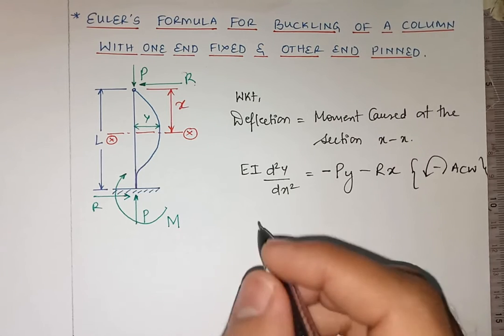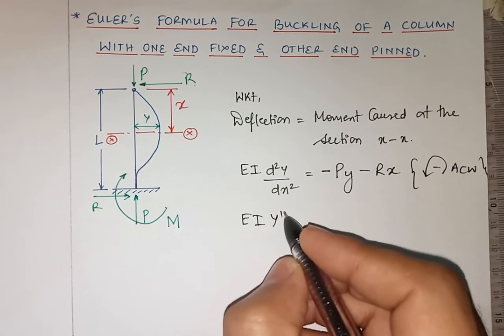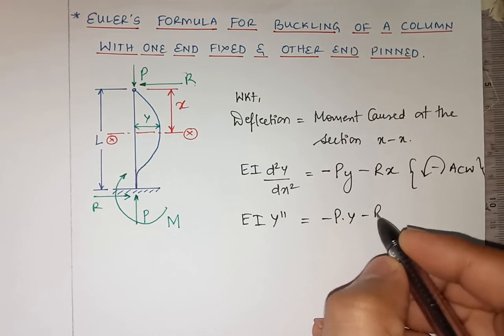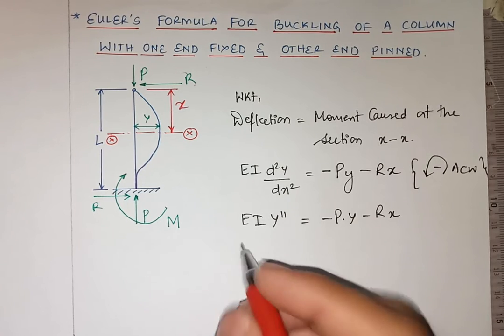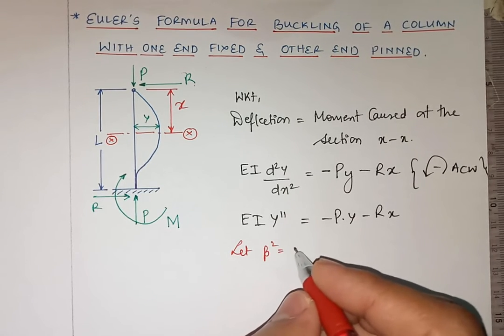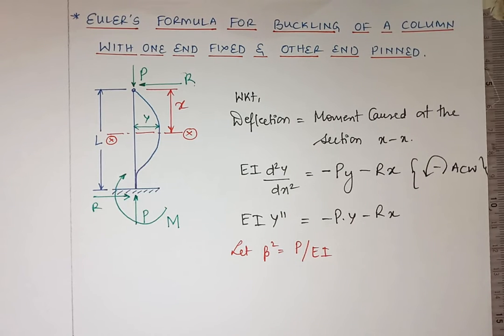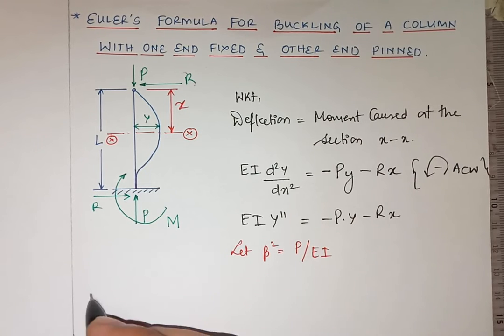Now further, EI d square y by dx square can be written as y double dash is equal to minus P into y minus R into x, right? So now as usual I'll put beta square is equal to P divided by EI. If I want to put this, then I'll be dividing this entire equation by EI.